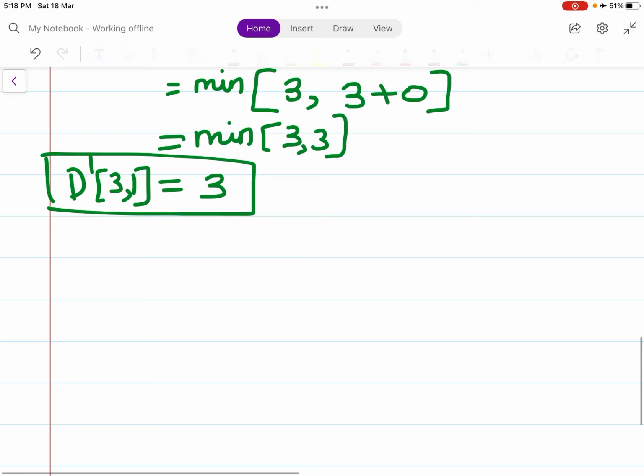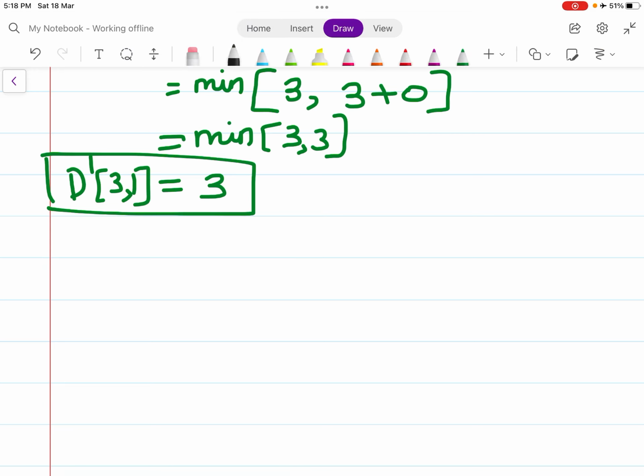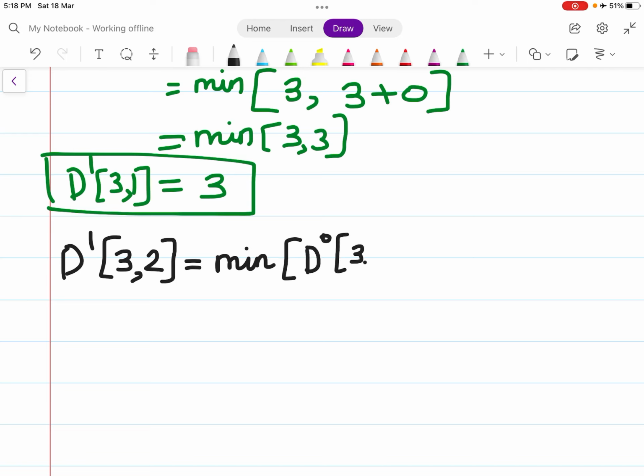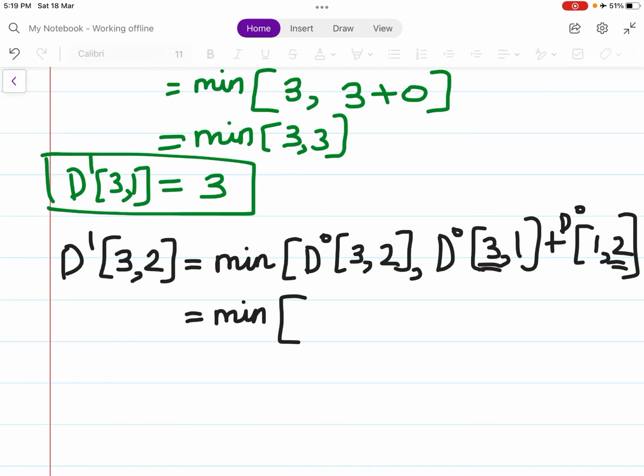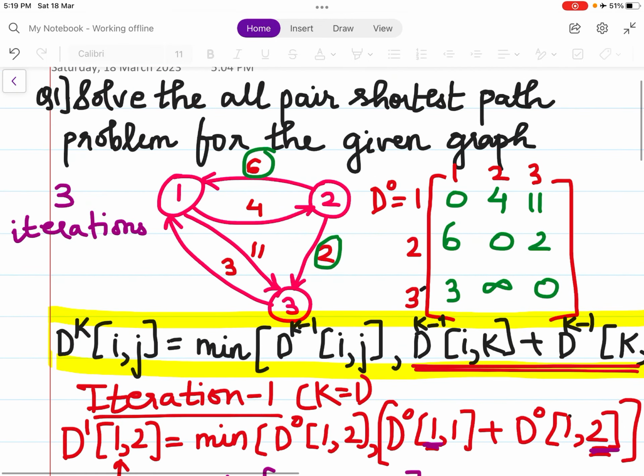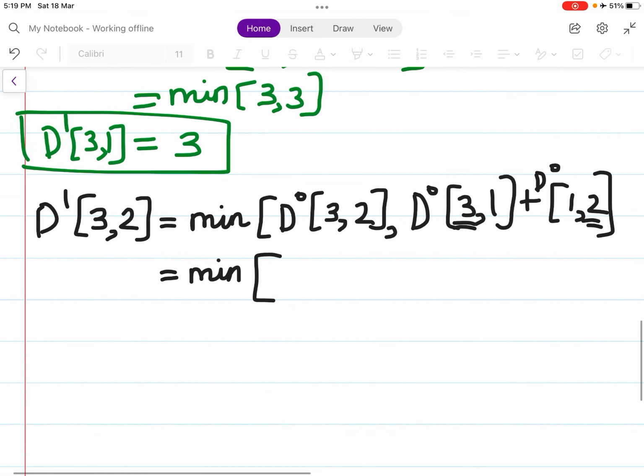After that, 3,2. So we will find d1 of 3,2, which is the min of d0 of 3,2 and d0 of 3,1 plus d0 of 1,2, since between 3 and 2 you have 1. d0 of 3,2 is infinity.